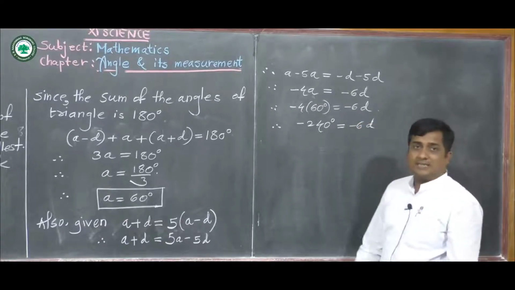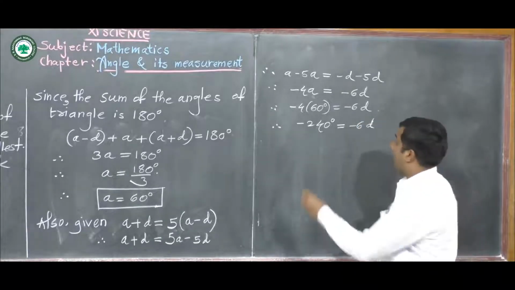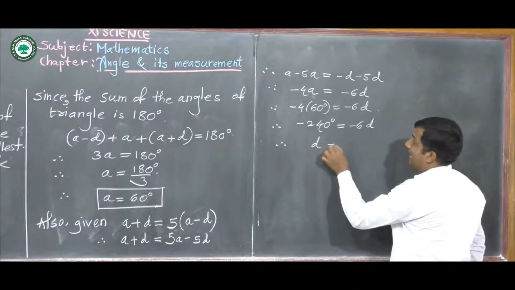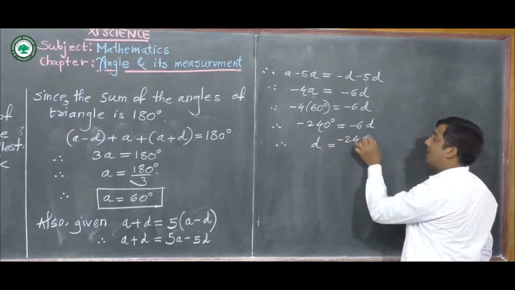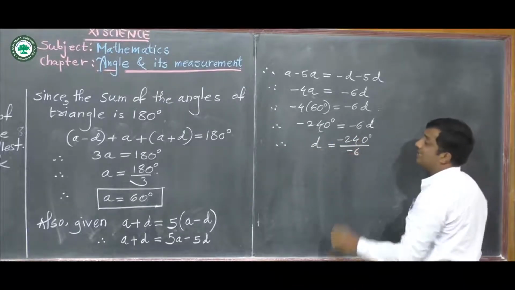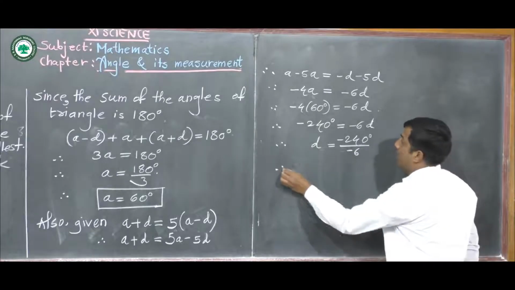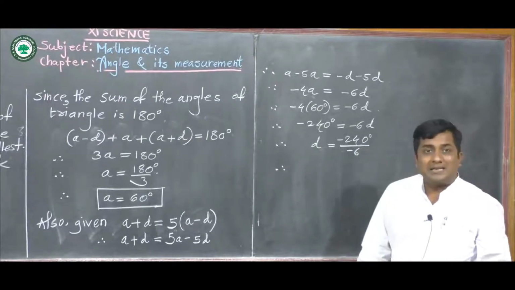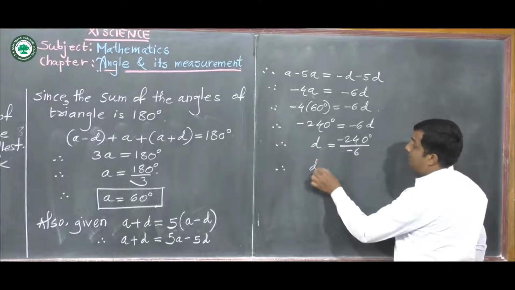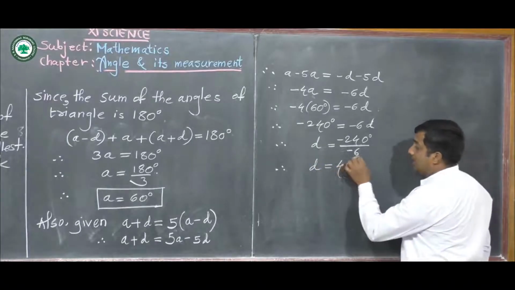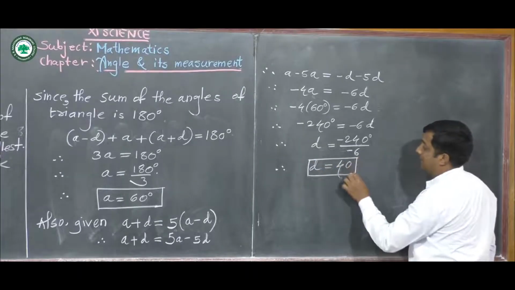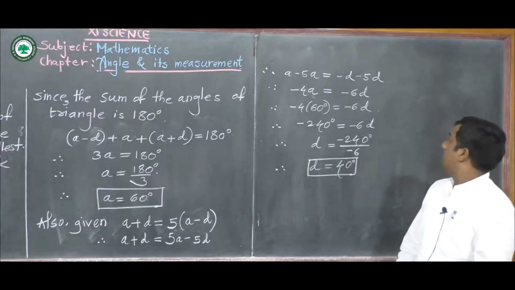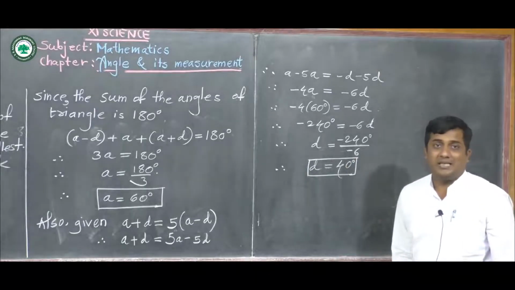Lastly, we get D as minus 240 degrees upon minus 6. And we know minus 240 upon minus 6 is 40. So D is equal to 40 degrees.